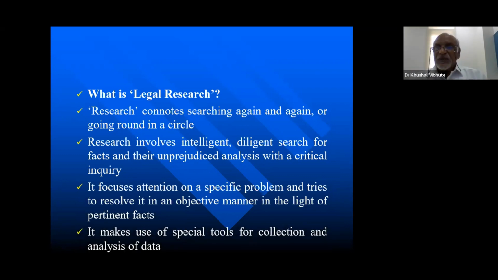So when the researcher tries to collate the facts and interpret those facts about the legal fact or any fact, he has to use special tools for collecting that information. Why? Because research is always evidence-based.